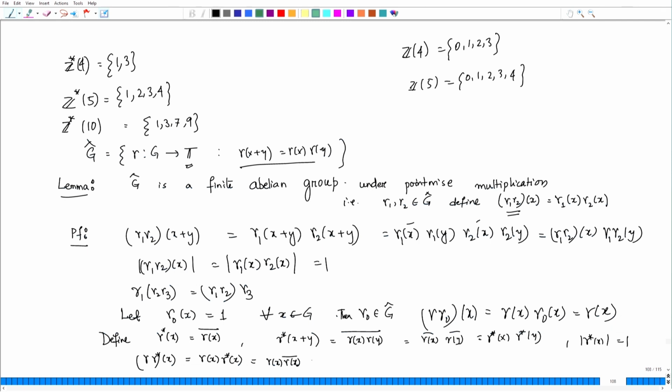Now, this is going to be mod of gamma x square, which is equal to 1, which is equal to gamma 0 of x, the identity. So, therefore, for every gamma in G hat, there exists an inverse, and we can write the inverse gamma star as gamma bar if there is no confusion.